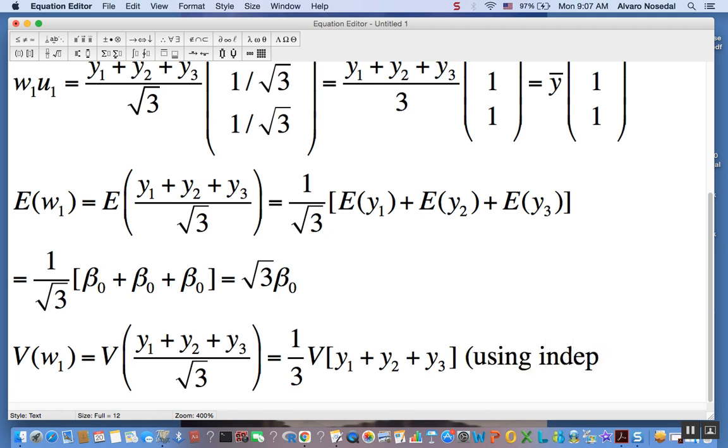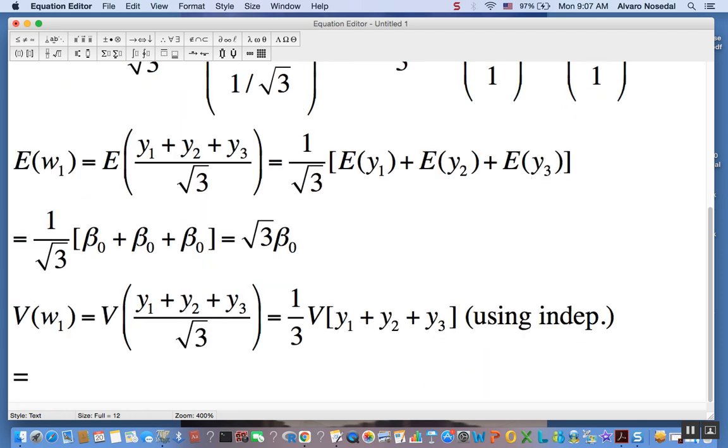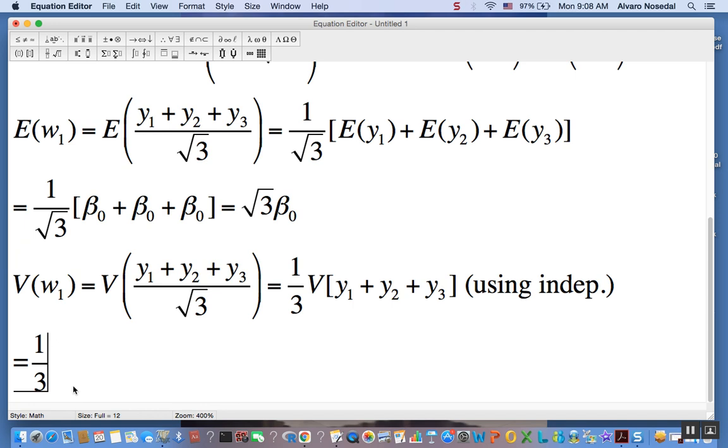Using independence, this is going to be 1 over 3 times the variance of y1, plus the variance of y2, plus the variance of y3.